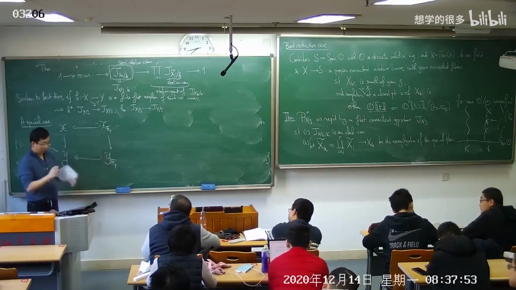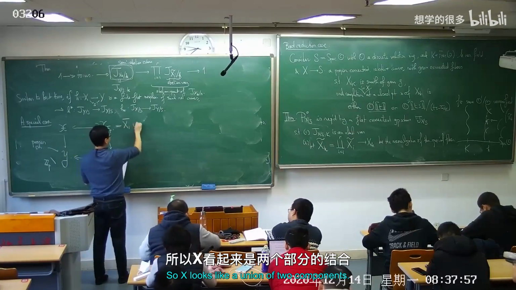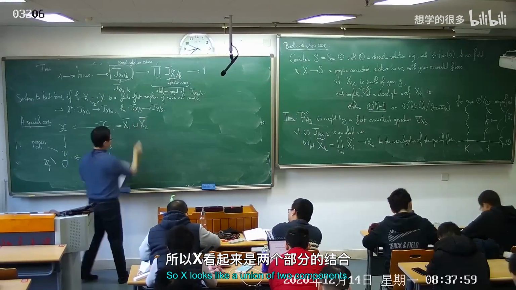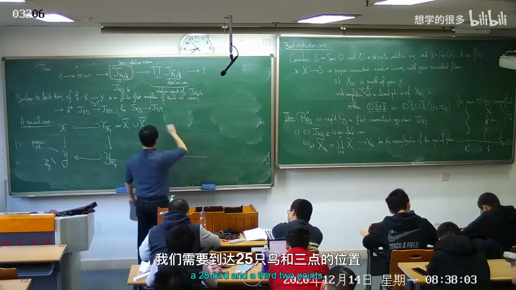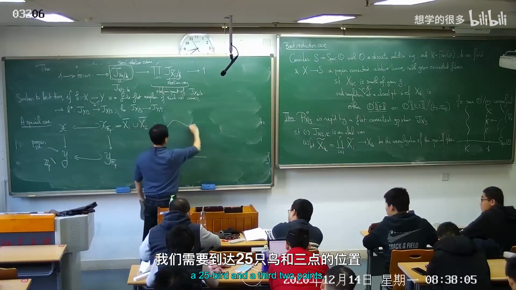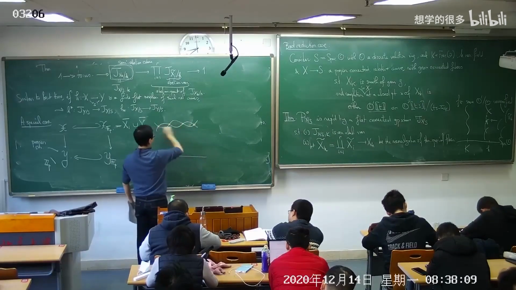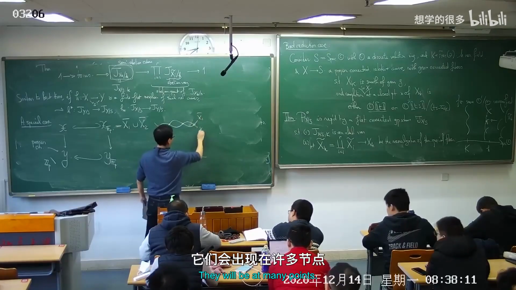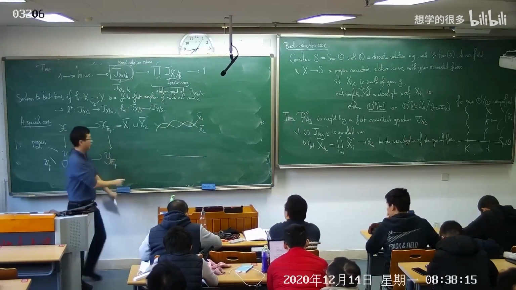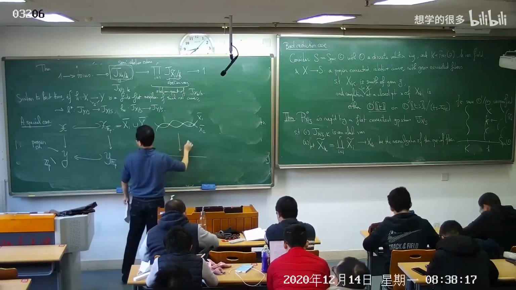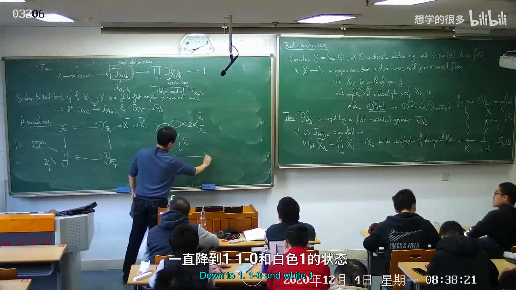X is not. So X looks like a union of two components. This is the typical picture we draw on a special fiber. There are two components, and they will meet at many points, not just one point.